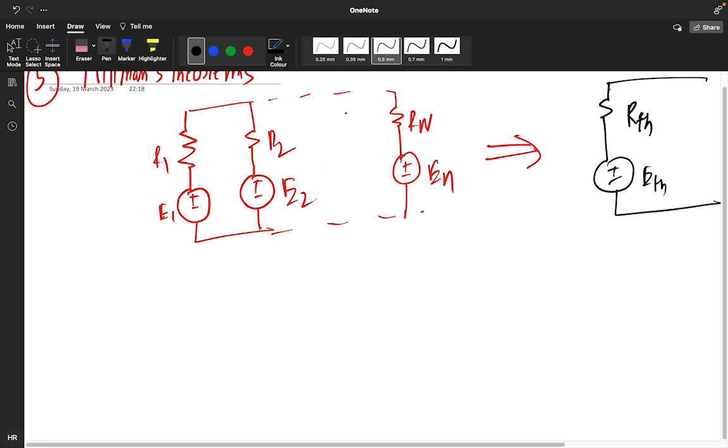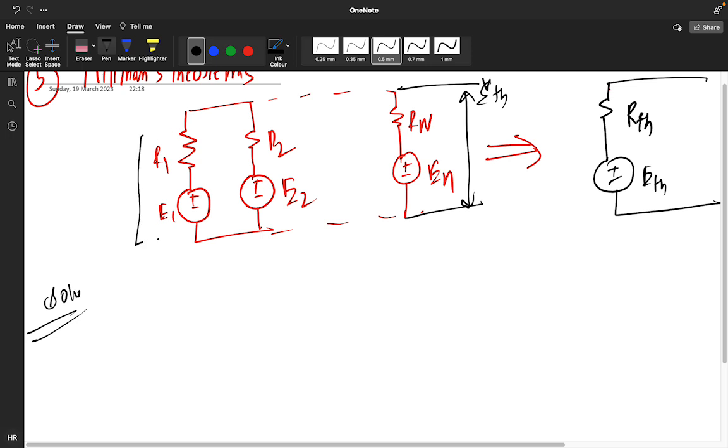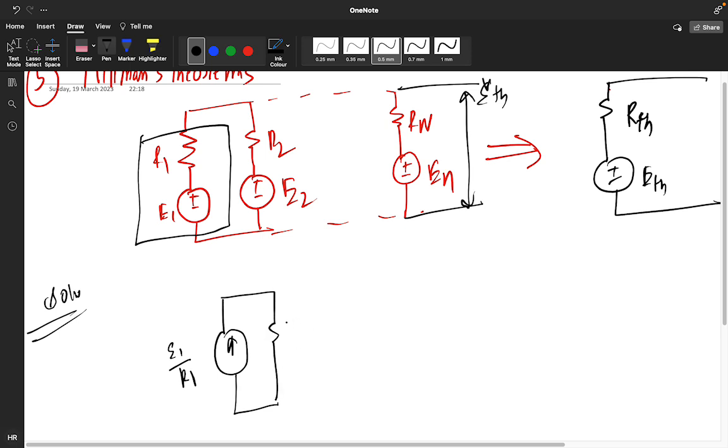By seeing this point, I am extending this point. This is your ETH. So how will you do it? What is the source transformation of this? The current will become E1 by R1, and this will be R1.